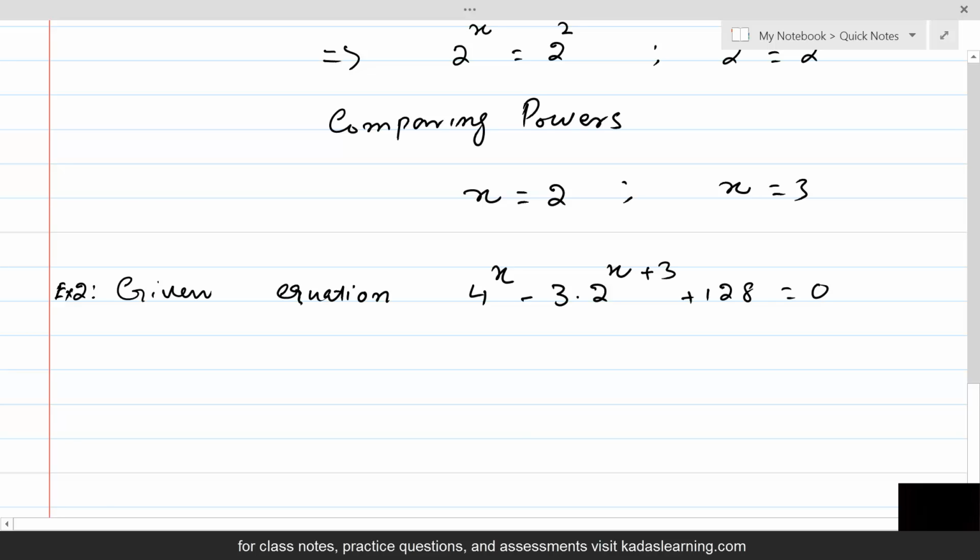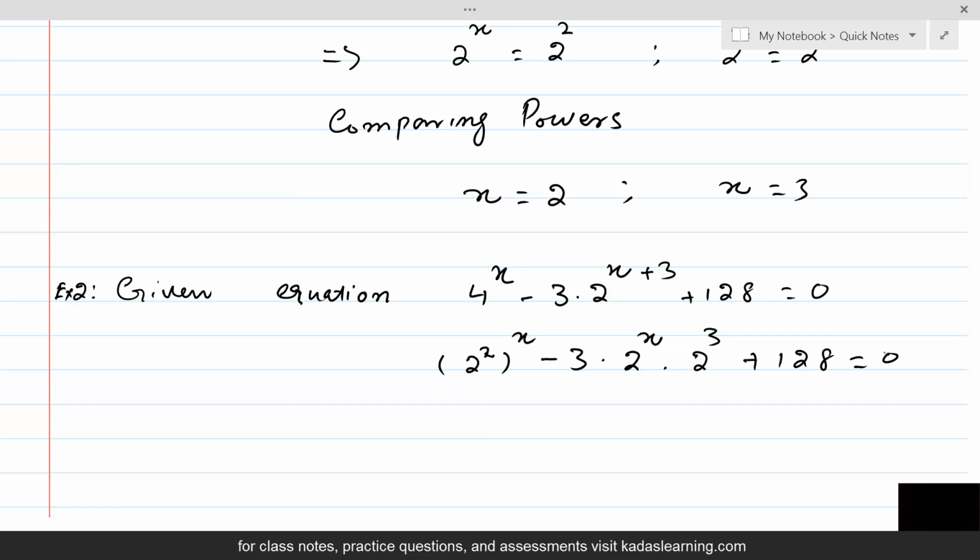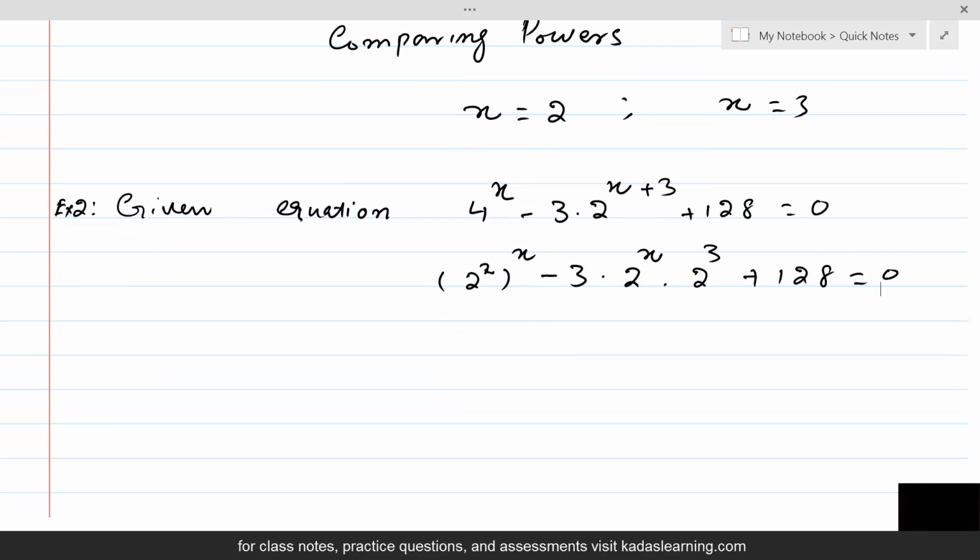We'll do it in a similar way. Here we have 4 power x, which we can write as 2 power x, minus 3 times 2 power x times 2 power 3, plus 128. We are always looking for ways in which we can replace 2 power x by y, and then looking for the other term where we can generate y square, and this is how we can do it.